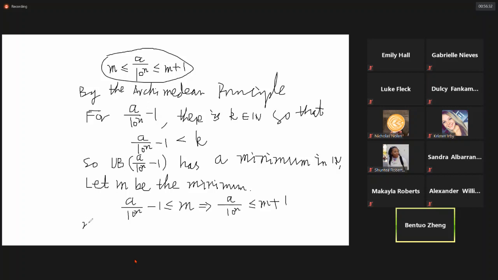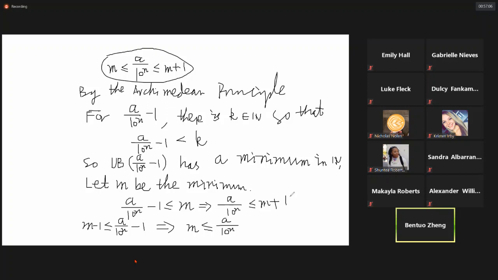So m minus 1 would not be an upper bound. So this would be less than or equal to a over 10 to the n minus 1. So this implies m is less than or equal to a over 10 to the n.